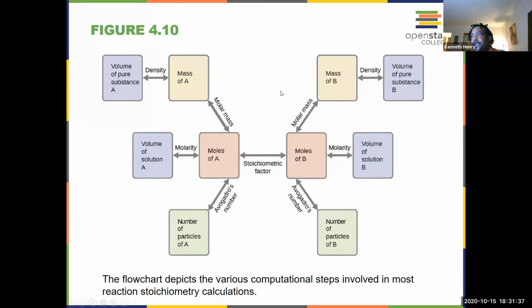From mass, if we have molar mass, we can calculate the number of moles. If we have the number of moles and the molarity, we can calculate the volume. With moles and Avogadro's number, we can calculate the number of particles.